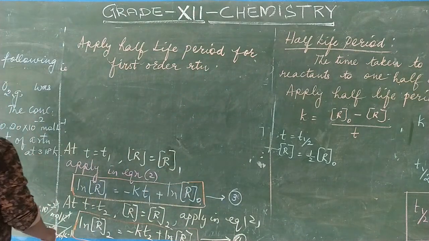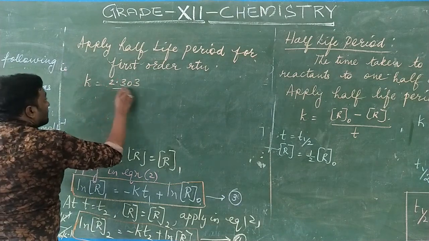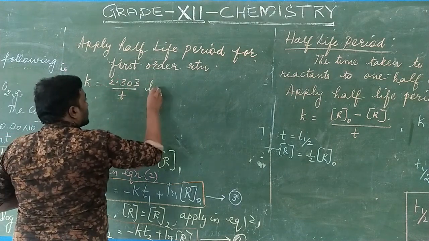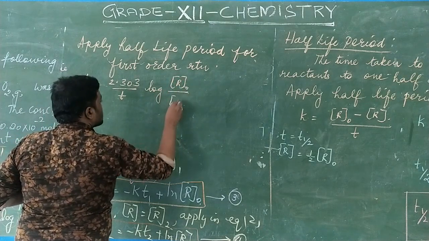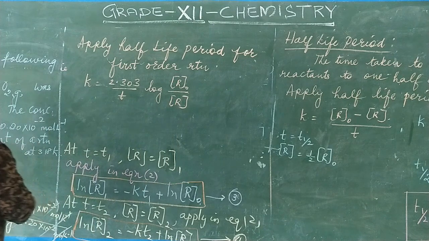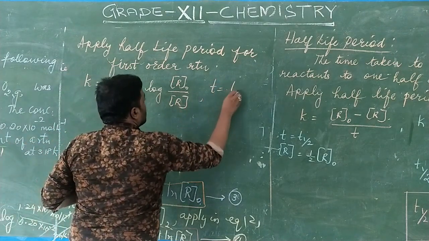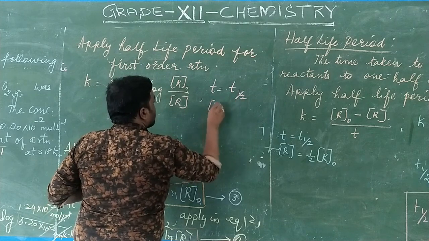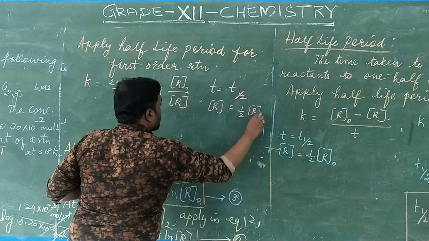What is the first order reaction? நம்ம ஏற்கனவே எழுதியிருக்க மாதிரி k is equal to 2.303 divided by t into logarithmic value of concentration of R naught the whole divided by concentration of R. இப்போ நான் என்ன செய்யணும்? Now time t is equal to t half. Concentration of R will be equal to 1 by 2 into concentration of R naught.